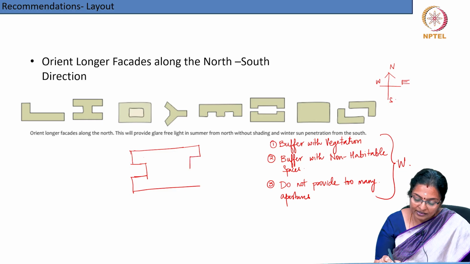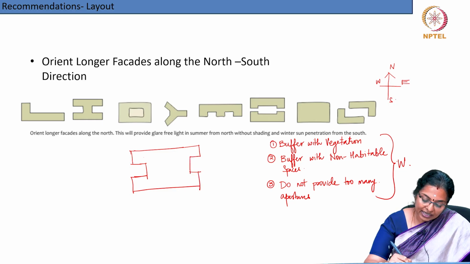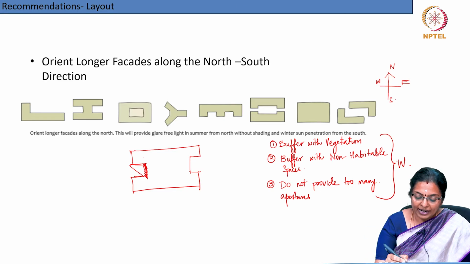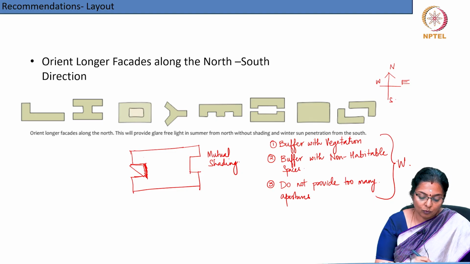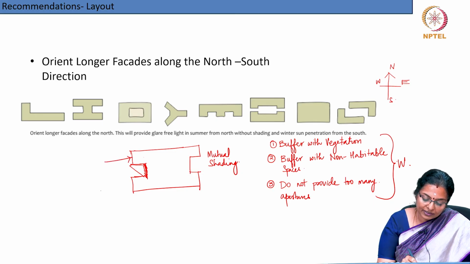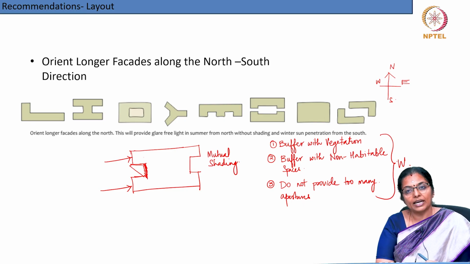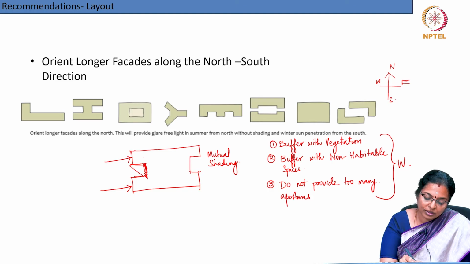This plan has a slight advantage that the mutual shading, the shading of this wall will fall on this wall, and hence this shape is going to help you with mutual shading of at least a part of the western wall, whereas this surface and this surface will have direct solar radiation, and there you should again follow this 1, 2 and 3 principle.